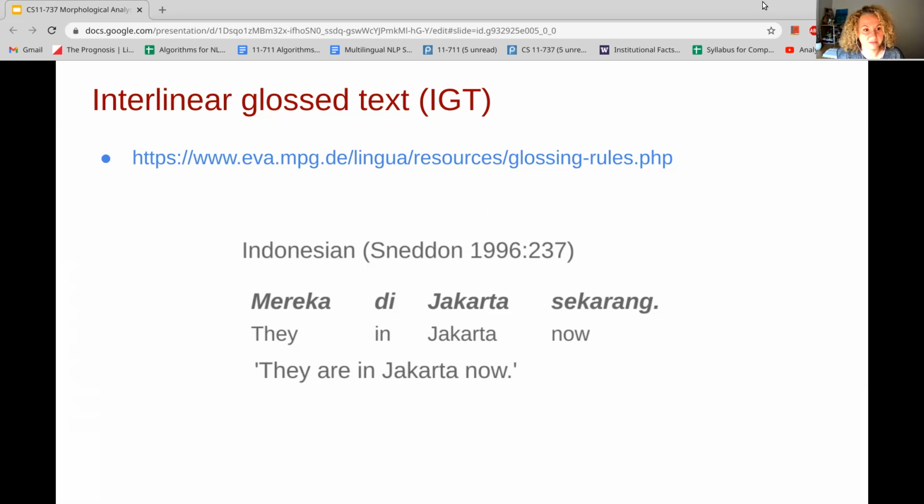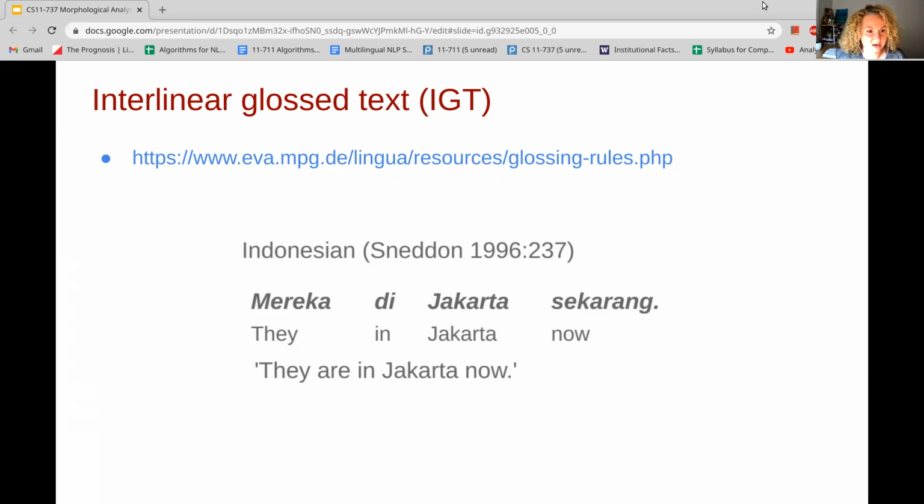It is described in detail in a document that I link on the top of the slide. And I recommend you read this document if the topic of morphology is interesting to you. And on the bottom, I paste the simplest example of IGT from the same document.